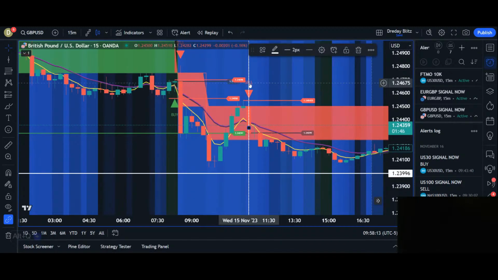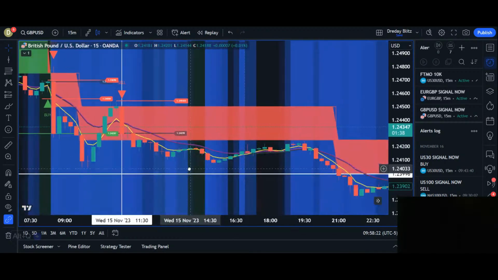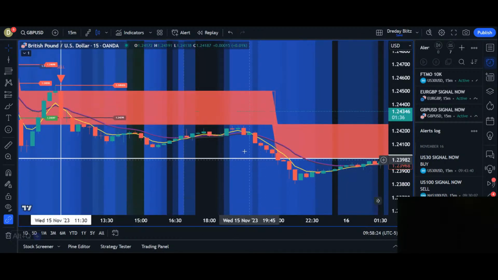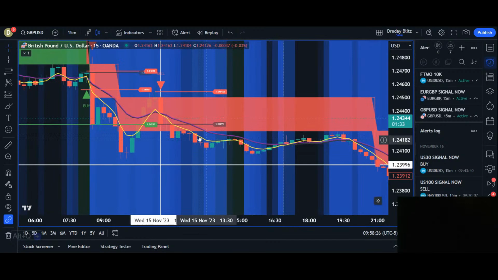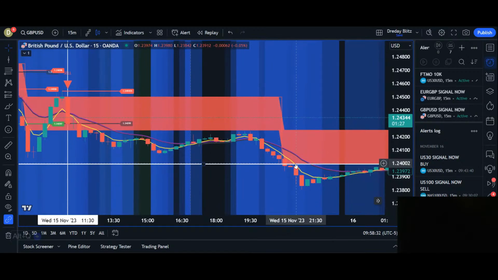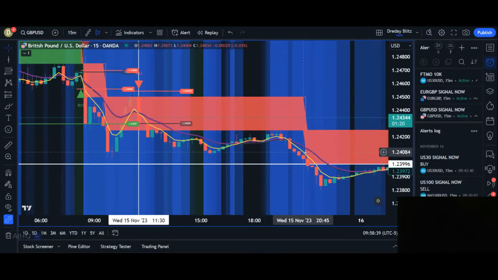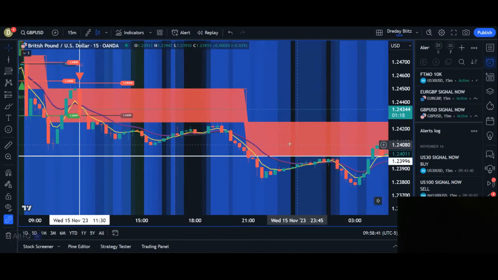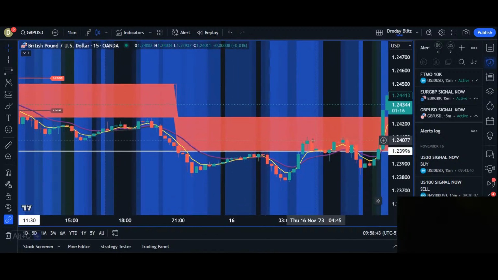So that'll be the price. That'll be the entry right here, and your take profit will be right here. As you can see, you would have hit your take profit around 9:15 last night.